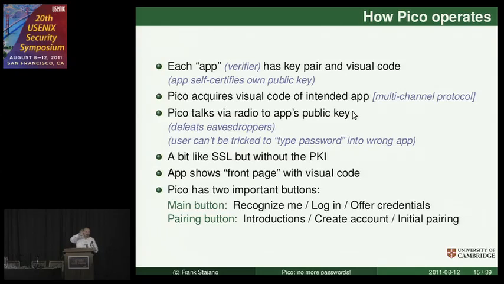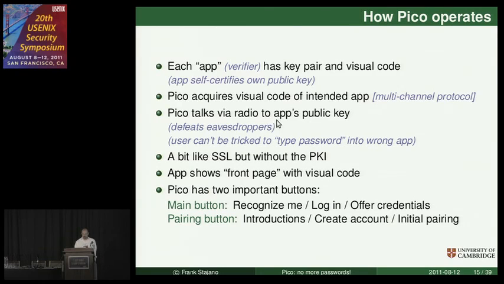You point the Pico at the visual code of your app, and that way you acquire that code, and you signal to your Pico that you want to authenticate to this app. Then the Pico talks to the app through the radio by encrypting any messages to the app's public key after having verified it against this certificate.